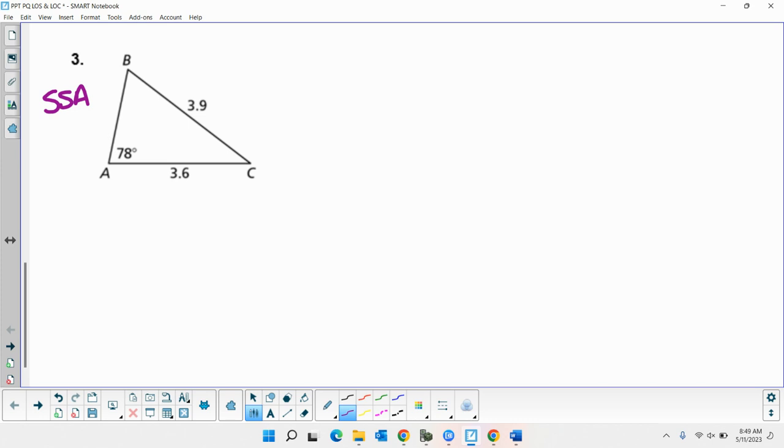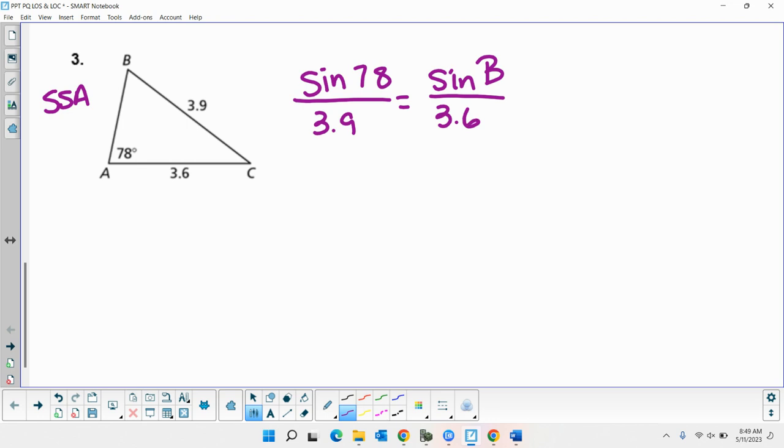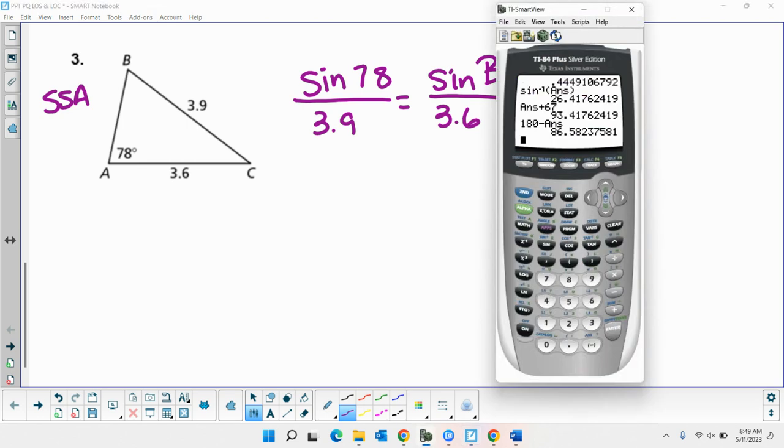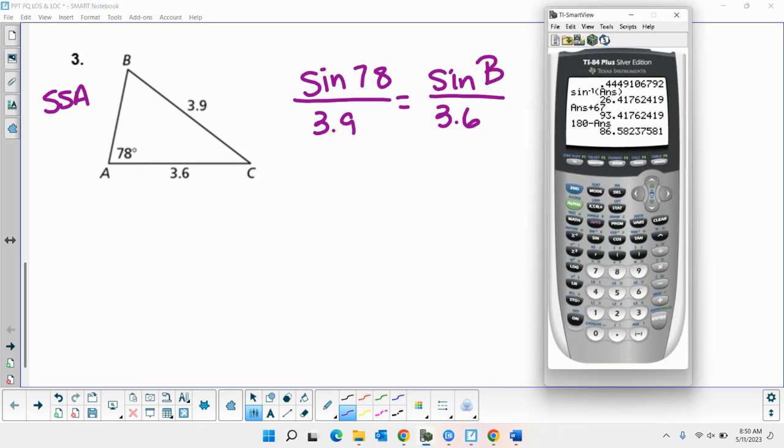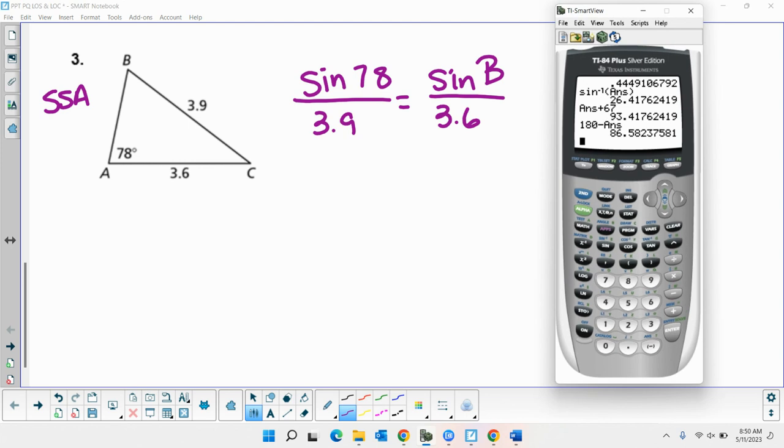All right, so the only thing I can figure out since I have side B is angle B. So I'm going to go sine of 78 over 3.9 equals the sine of angle B over 3.6. All right. So 3.6 times the sine of 78.